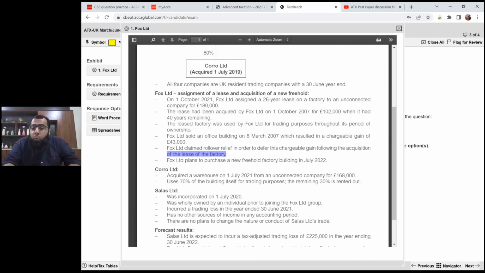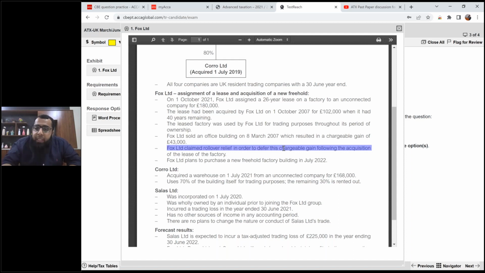Now a gain was rolled over against this leased factory. So when we are selling this leased factory, please listen to me again. A gain was rolled over against this leased factory. Now when we are selling it, there will be the issue of making that gain chargeable. Here there was a chance that some students may make an error, and I can read from your responses, you all are the ones who will make that mistake.